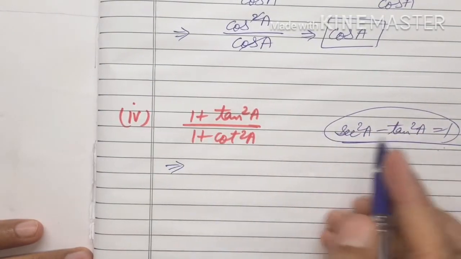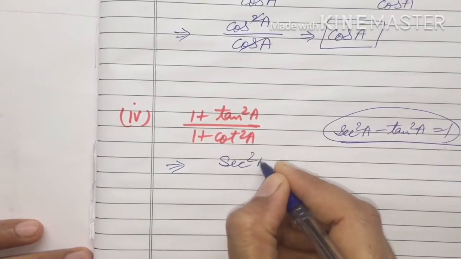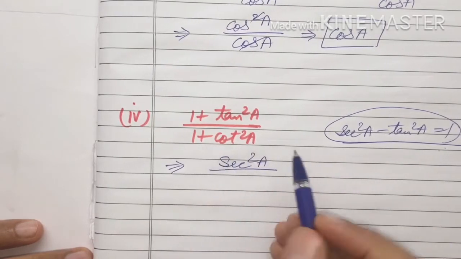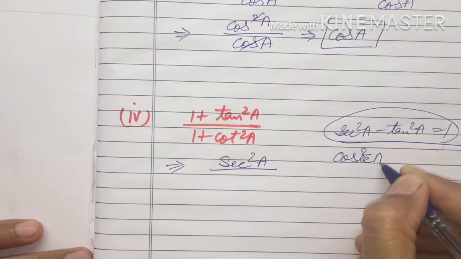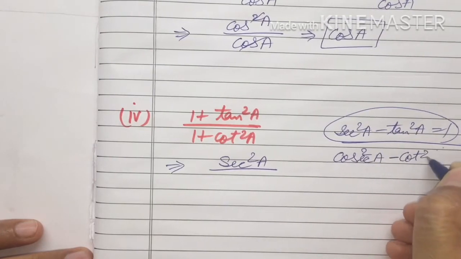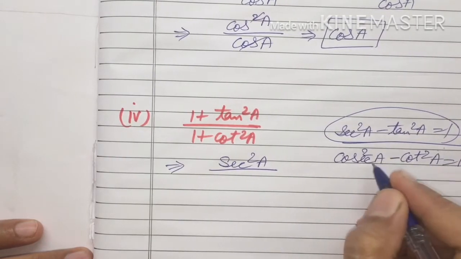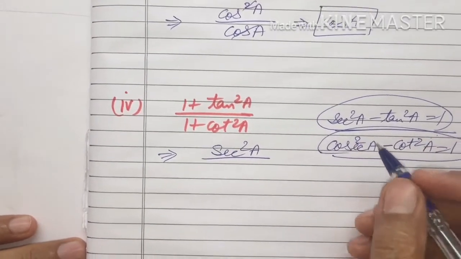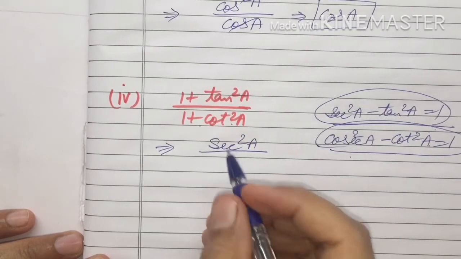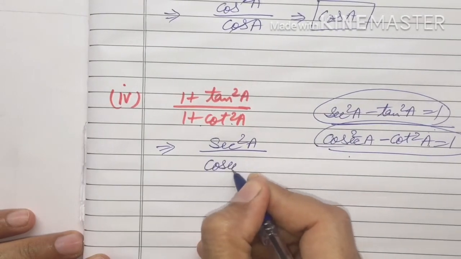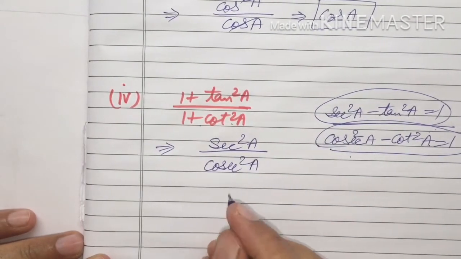So 1 plus tan square A, I can write secant square A, and similarly the other identity is there: cosecant square A minus cot square A is equal to 1. So according to this identity, I can write 1 plus cot square A is equal to cosecant square A. So in the denominator, cosecant square A I can write.